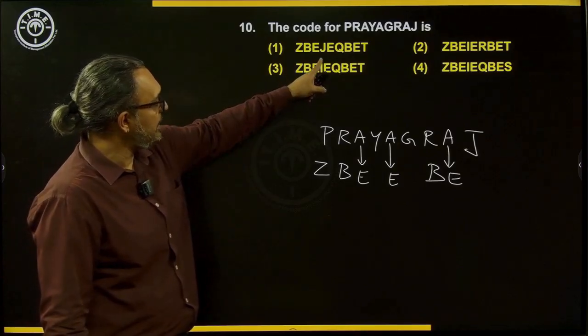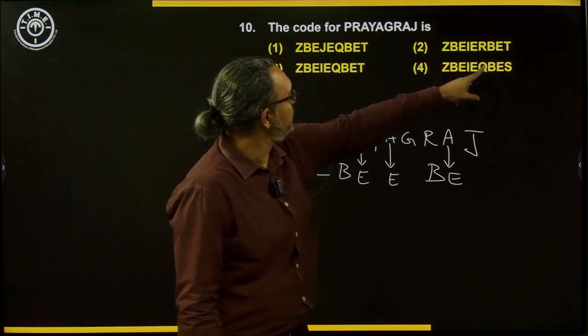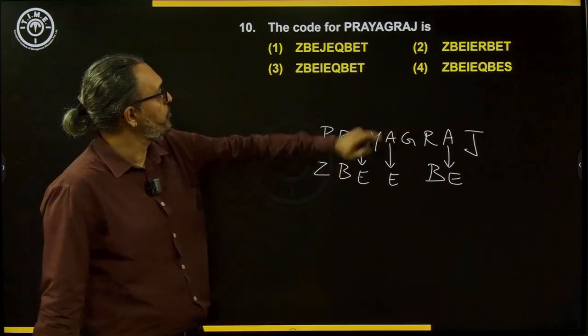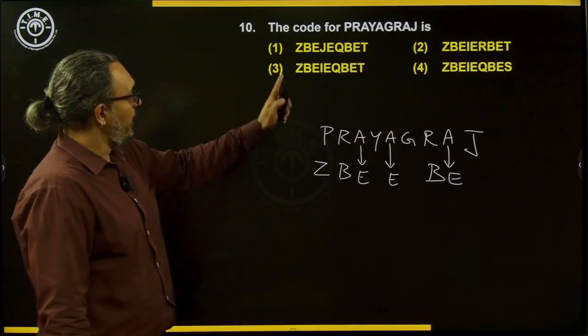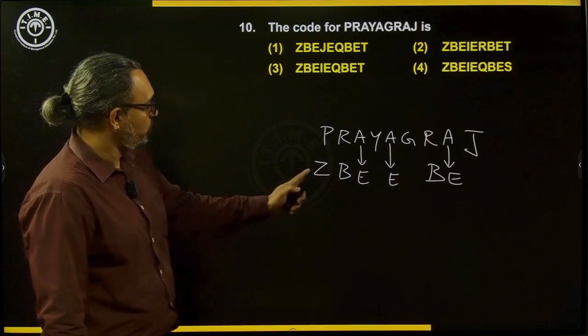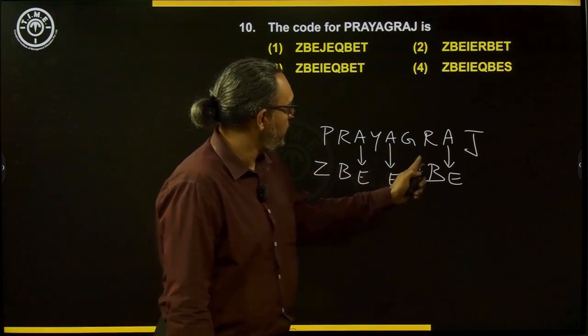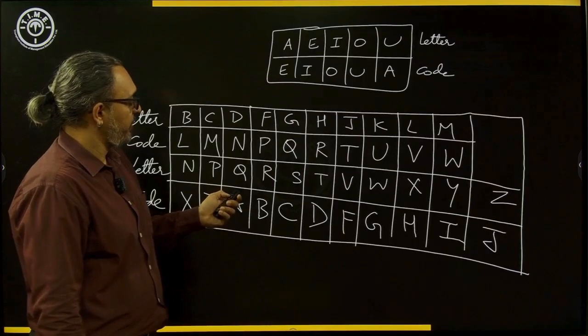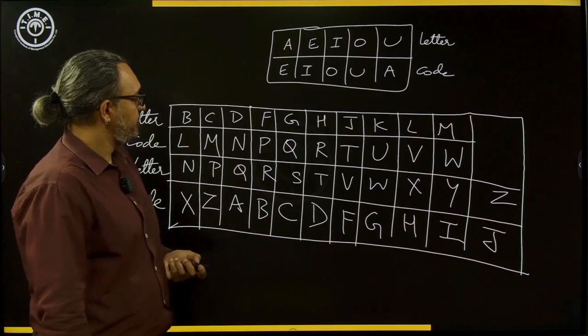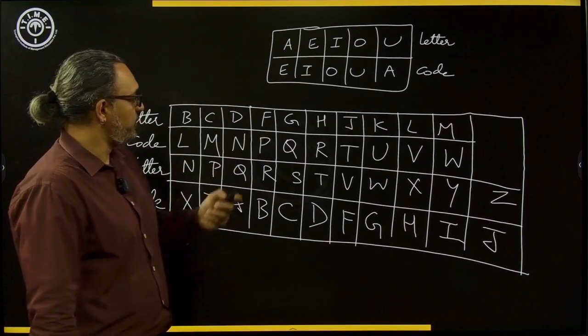ZBE, then E with a BE. So still 2 options are there. The 4th option is also matching. All are matching in fact. So let's take the remaining Y, G, J. Y is I, G is Q, J is T. So IQT.